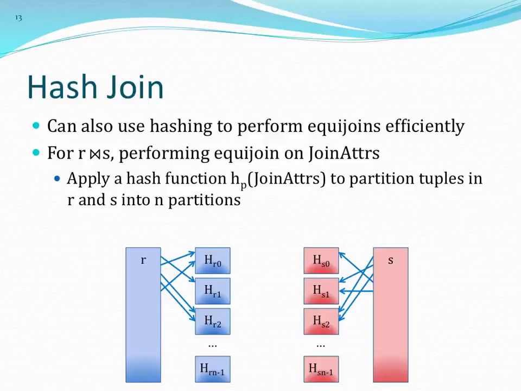Now when we're doing this hash join, what do we know about, let's say, HR0 and HS2? What would be the join of the tuples in HR0 and HS2? Remember, we're hashing on the join attributes.